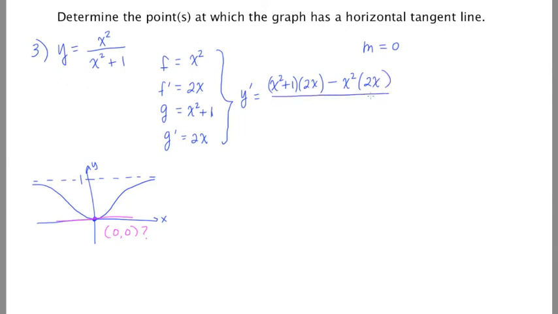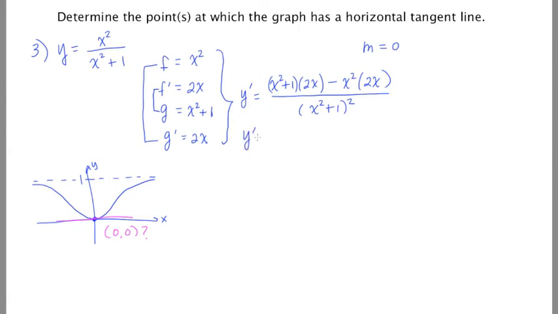And all of this is over the bottom function squared. So just to reiterate, it's the bottom function times the derivative of the top function minus the top function times the derivative of the bottom function. Some people who use this setup say the inners minus the outers, or the product of the inners minus the product of the outers. If that helps, then go for it.